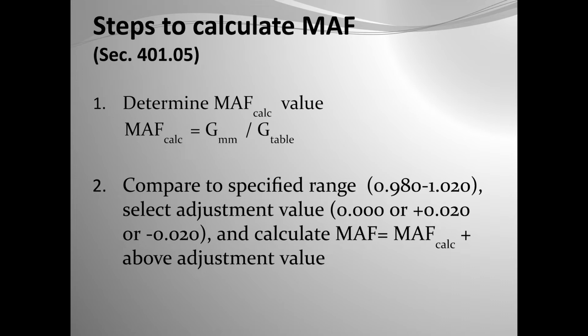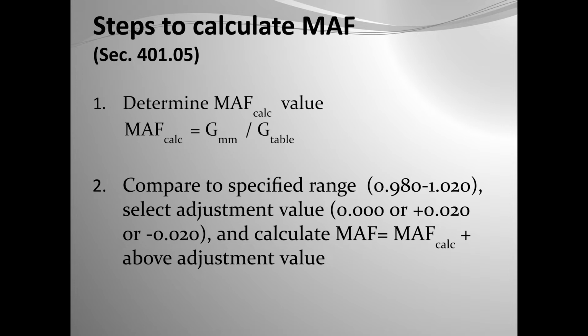So first off, to calculate your MAF, the formula is that you're going to take the specific gravity of your mixture and divide that by a given specific gravity that's found on a table. This is based on the average from all of the limestone mixtures that we use.